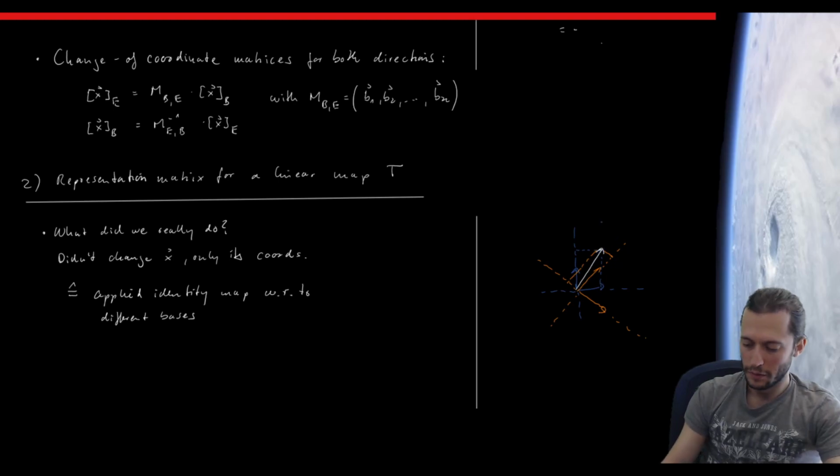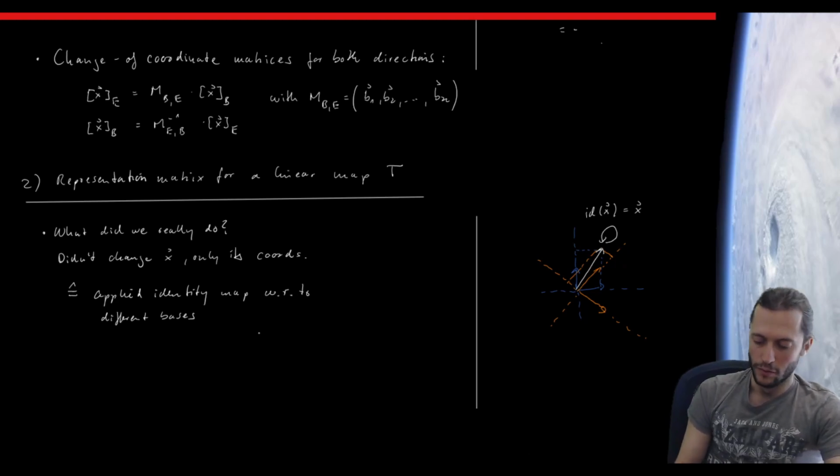And now, what do I mean by we applied the identity map? Well, applying the identity map means id of x equals x. So this vector sort of gets mapped to itself. It doesn't change. So what we did is we put in a vector of R^n, we get one of R^n.